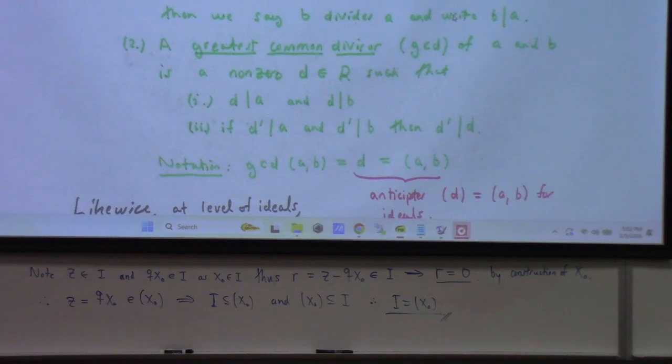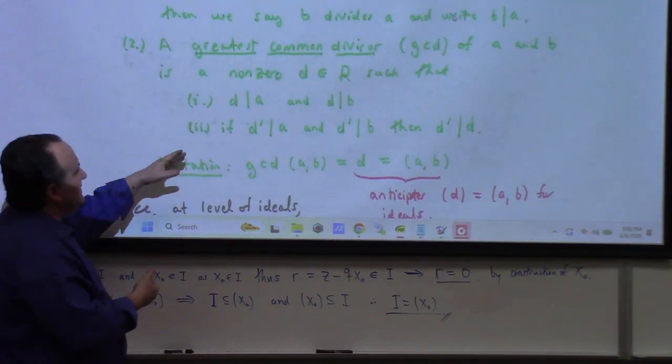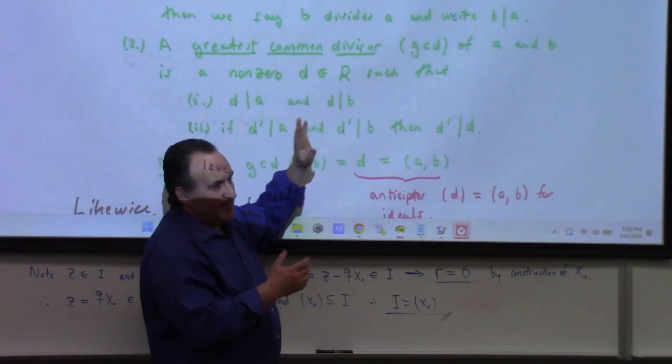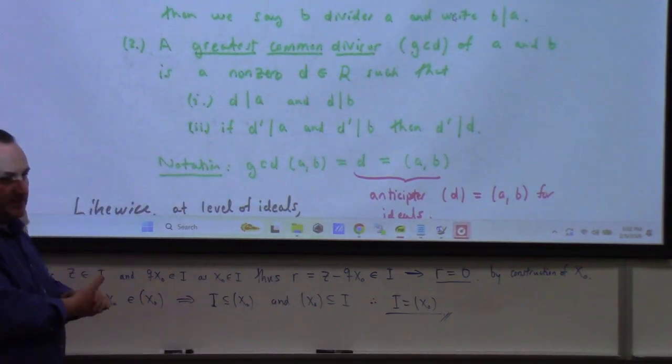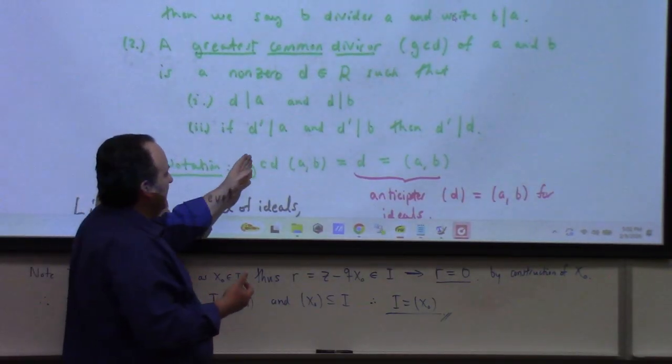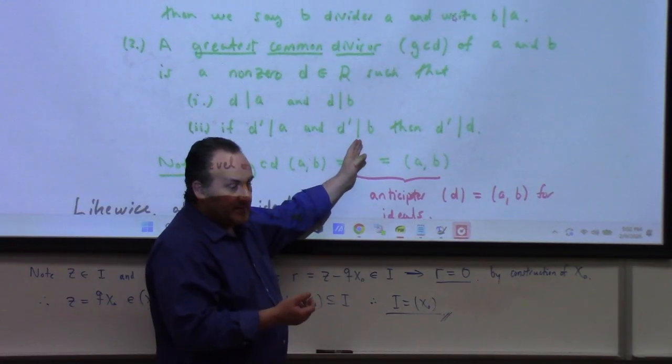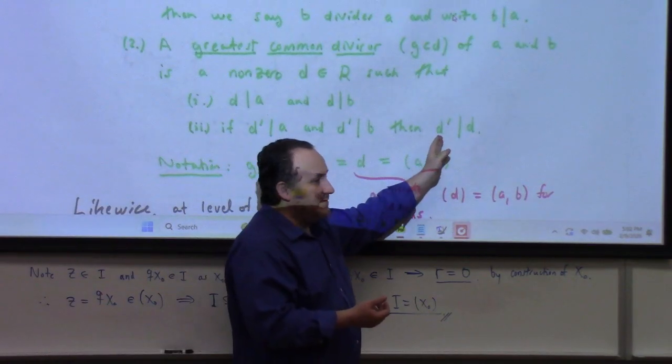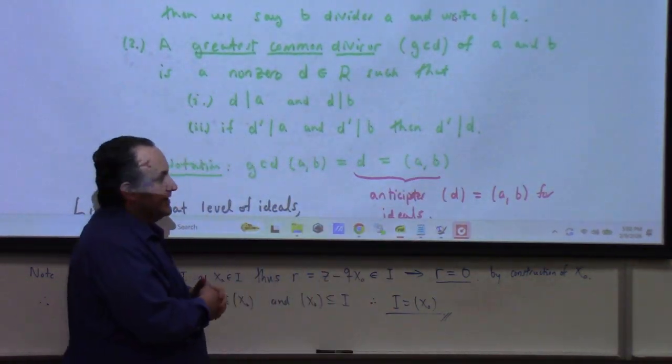This is the thing I want to talk more about. We'll just start talking about it today. I won't finish. If D divides A and D divides B, that makes D a common divisor of A and B. And it's the greatest common divisor if any other common divisor must divide D.